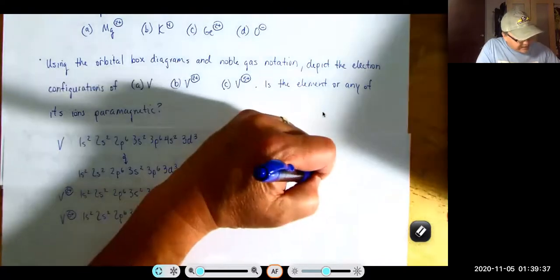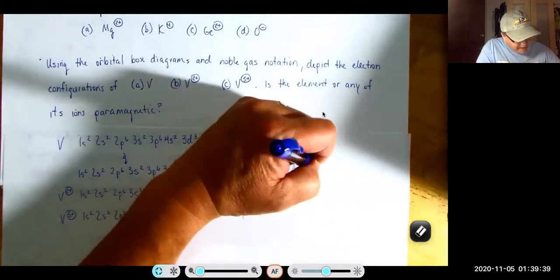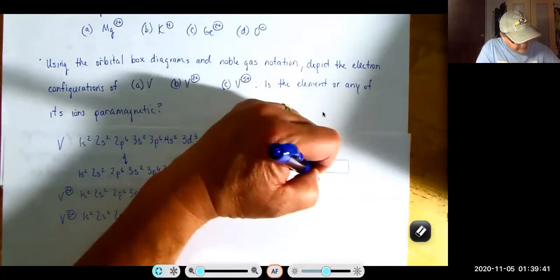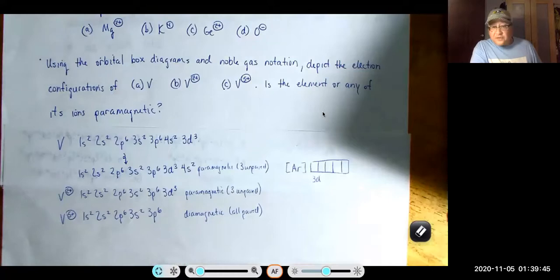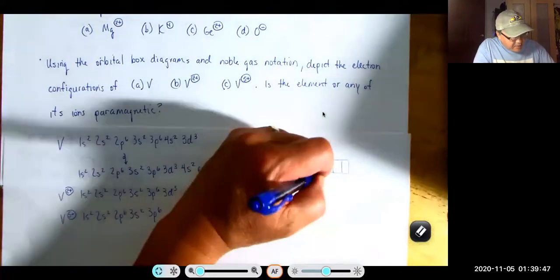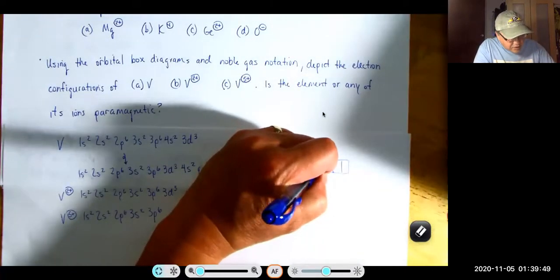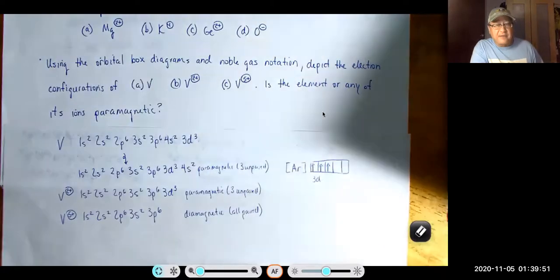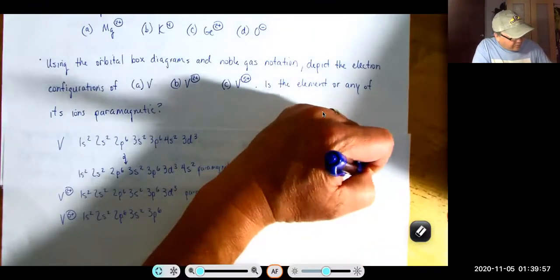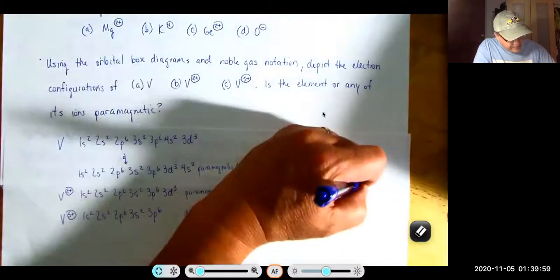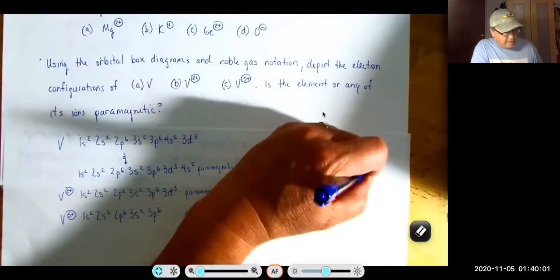So for the 3d, I would write 5 boxes. So there's my 5 boxes for the 3d. And remember, Hund's rule says that you put 1 electron in a box before you pair them. So I have 3 unpaired here. And then for the 4s, they are paired.